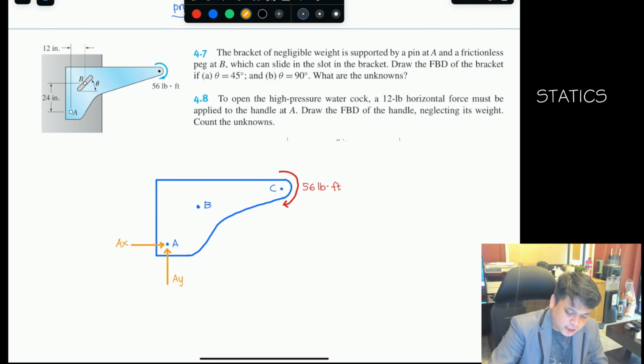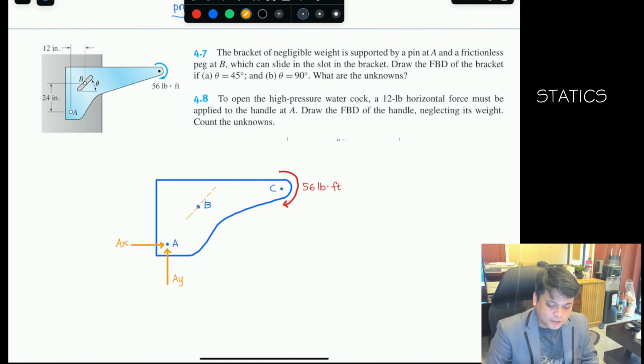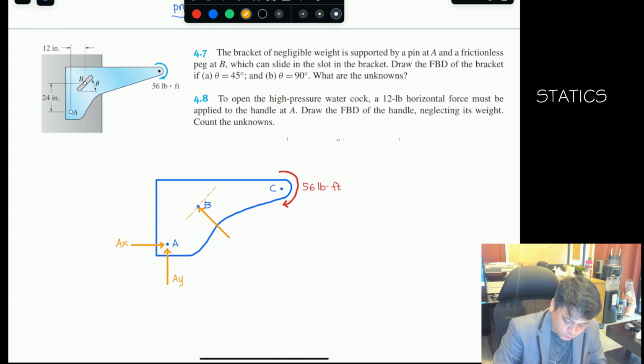However, on point B, meron ka daw inclination around 45 degrees. So, it is a roller. So, ang gagawin natin, you can have put that at 90 degrees. Okay? Perpendicular doon. Okay? Tawagin natin yung normal at B. Okay?